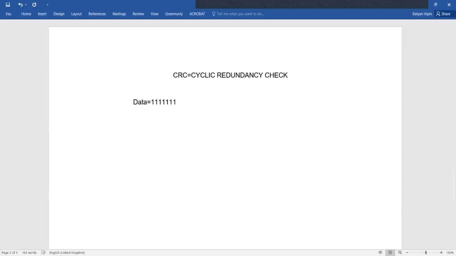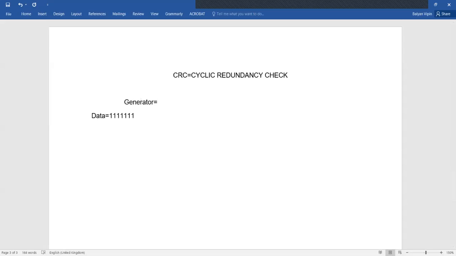Depending upon the transmitter and user, if it is 7 bits of data, usually you append 3 bits, which are used for error detection. How we calculate it is that the transmitter and receiver decide a generator, and it's of 4 bits.